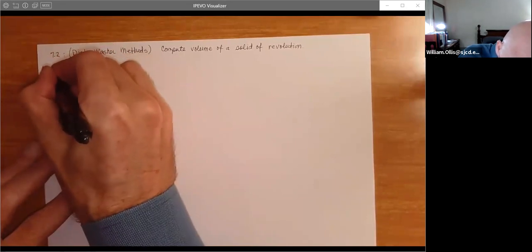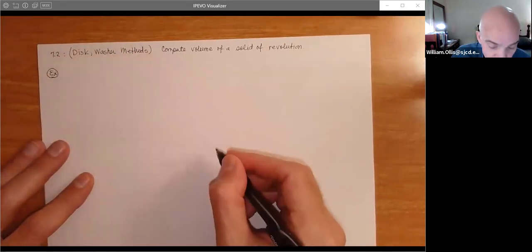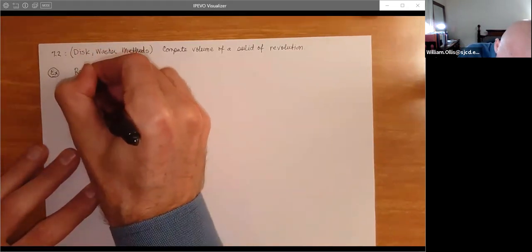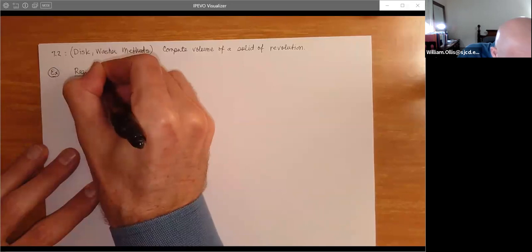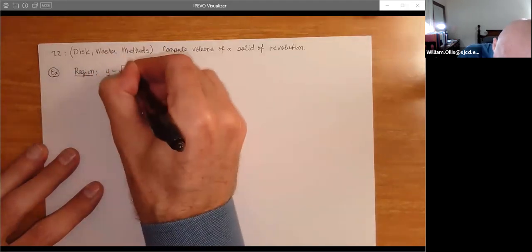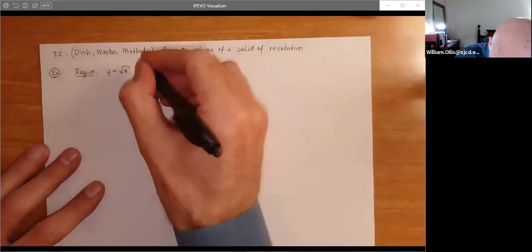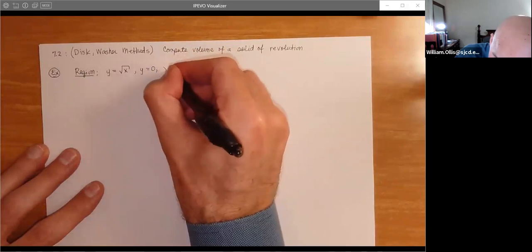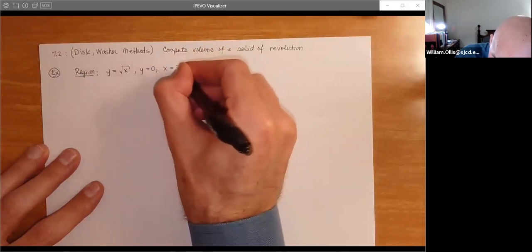I'll do a couple of these where we have a different axis of revolution. So our region for our first example will be the one bounded as follows. y equals the square root of x, y equals 0, of course that's the x-axis, and then the vertical line x equals 3.